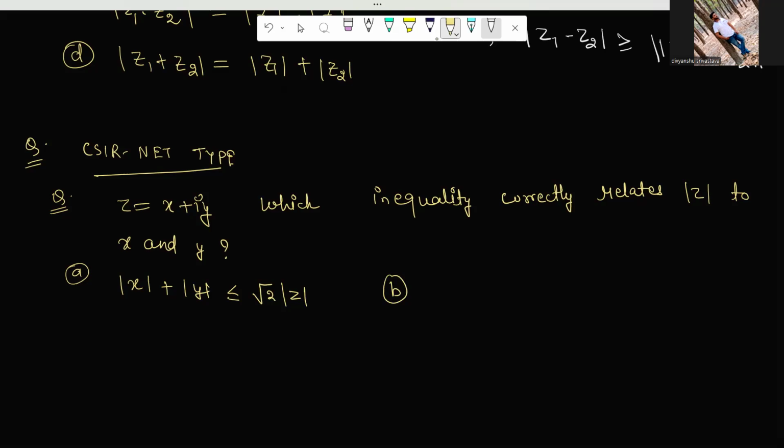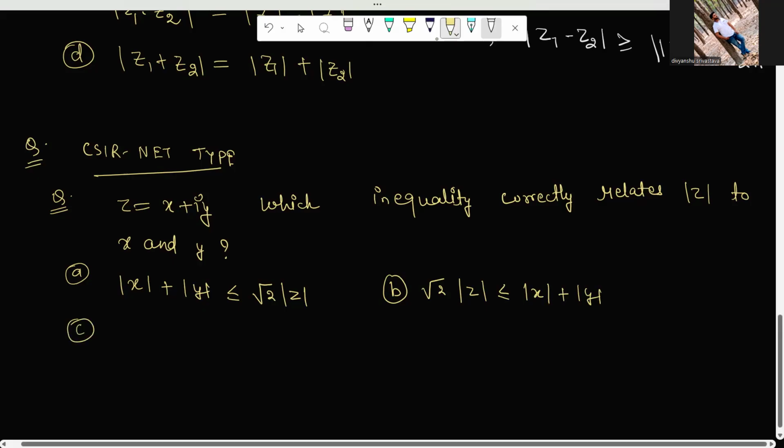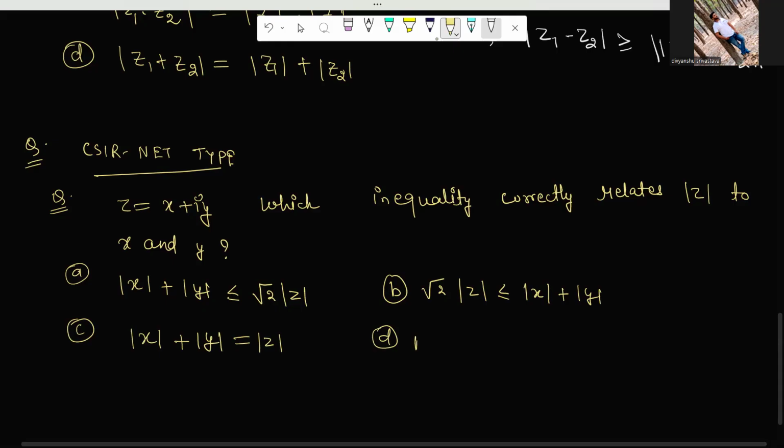Option B is here: indirectly, modulus z is less than or equal to modulus x plus modulus y. And here is option C: modulus x times modulus y is equal to modulus z. Option D says none of the above.